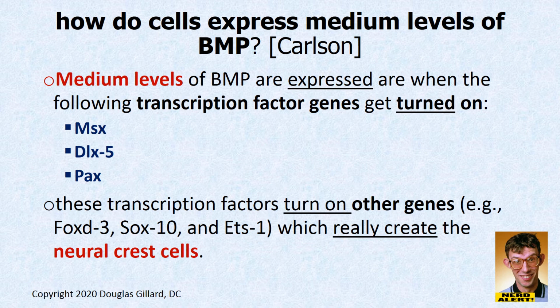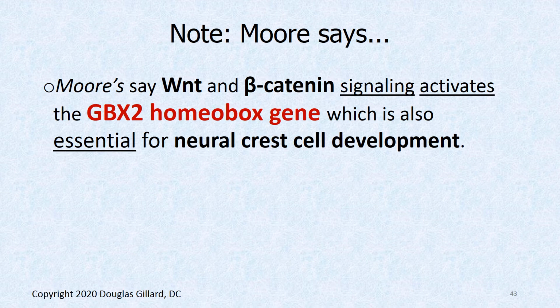Drives you crazy, doesn't it? That's the nerd alert. With a combination of the receptors and these other gene products turned on, you get these mesenchymal cells created, which are called neural crest cells, special mesenchymal cells.